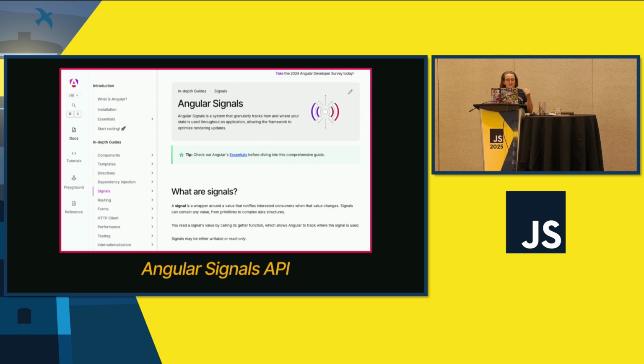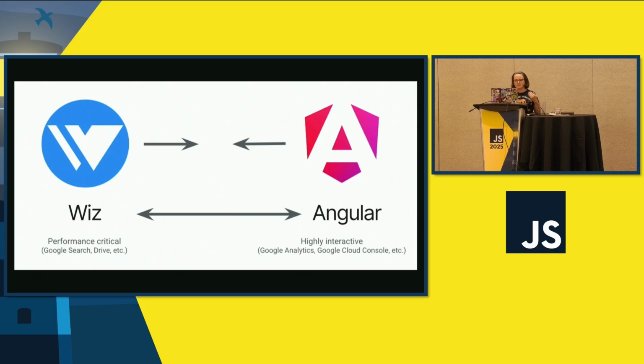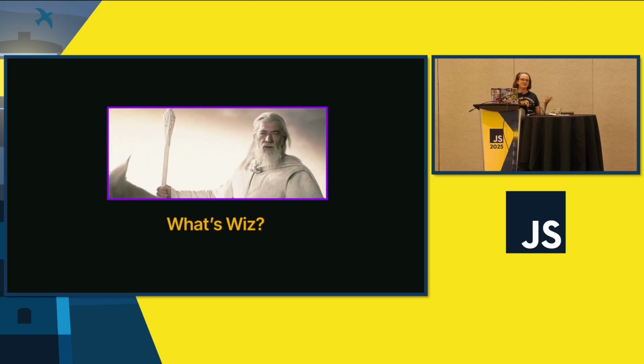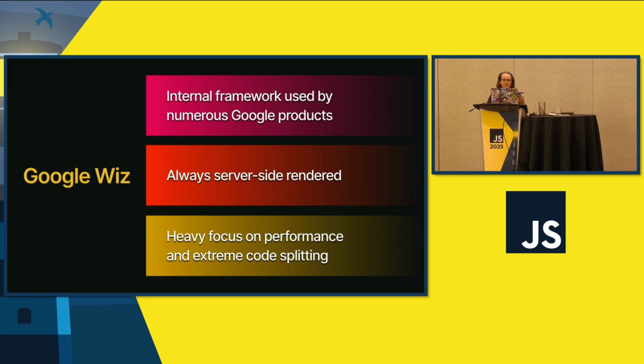But then we get the Angular Signals API. What's special about the Angular Signals API, not just that I'm biased because I'm clearly an Angular dev, is that Angular collaborated with Wiz when it was developed. Now, I'm sure some of you are thinking, what is Wiz? Well, Google Wiz is the internal framework that's used by a lot of Google products. It's not a publicly available tool, it's always server-side rendered, and it focuses on extreme code splitting and performance.